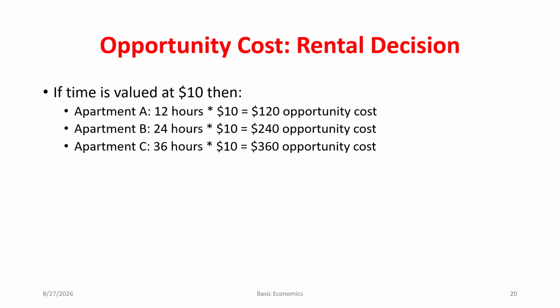So once I've determined these opportunity costs, I should be making decisions based off of total costs. I won't use this terminology as much this week. Eventually, once we get to firm decisions, which is I think after the first exam, I'll use this terminology, which is explicit costs. That was rent. That's how much money I had to hand over to have this apartment.